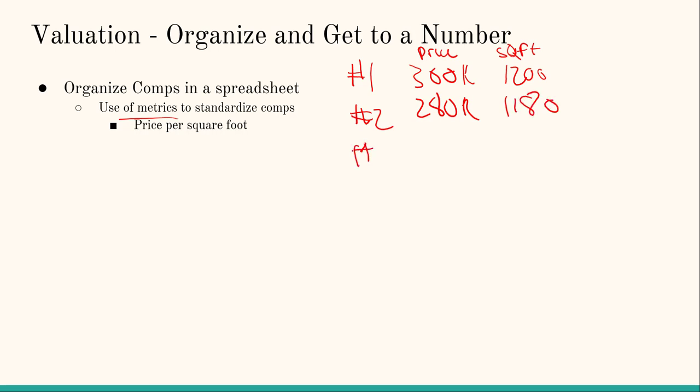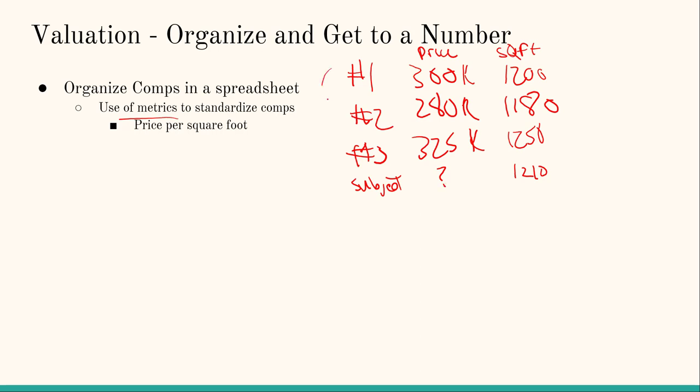Number three sold for 325, and it was 1250 square feet. So if you were to do the math, you want to standardize. And let's say your subject property is 1210.